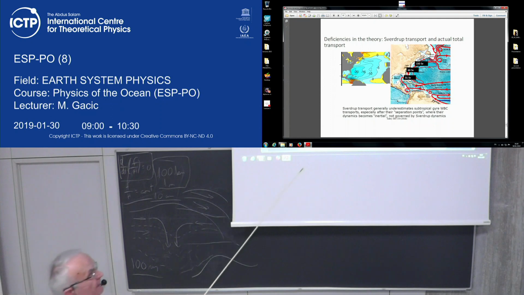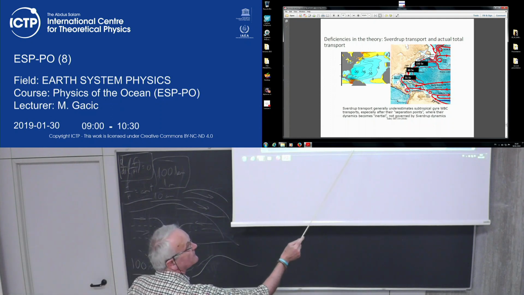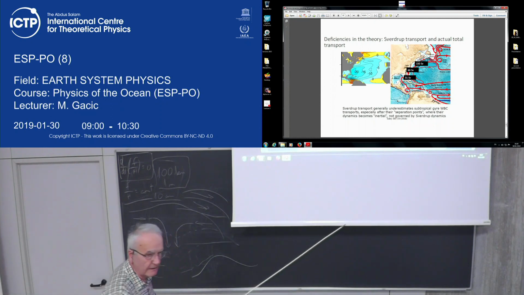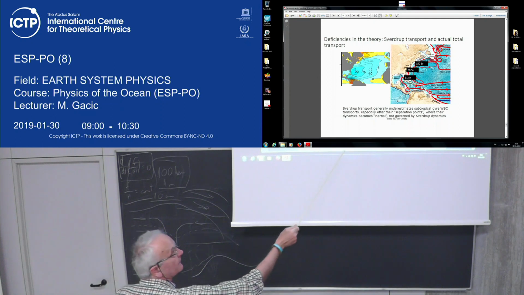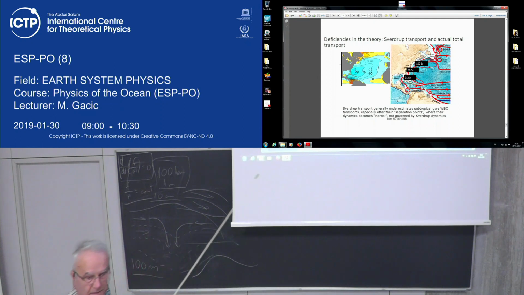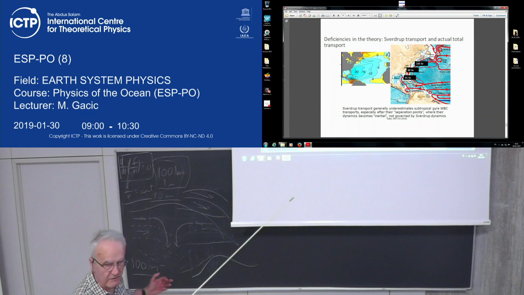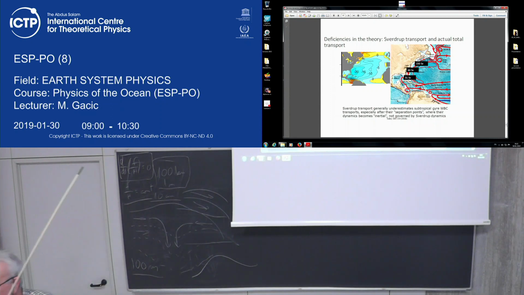and you can see these are the transports which are associated with these currents. So here we have the Florida Current, which is about 30 million cubic meters per second. Here it reaches 60 million cubic meters per second, because there is entrainment of the surrounding waters, so it becomes larger and larger.